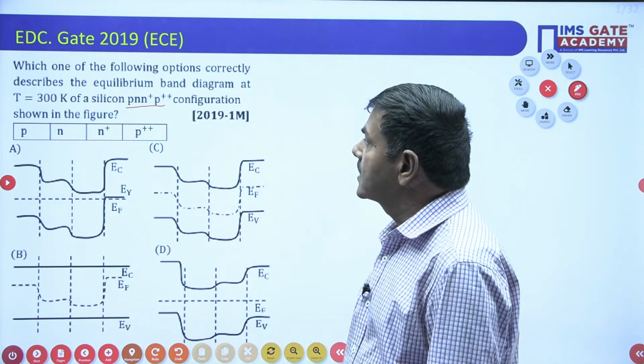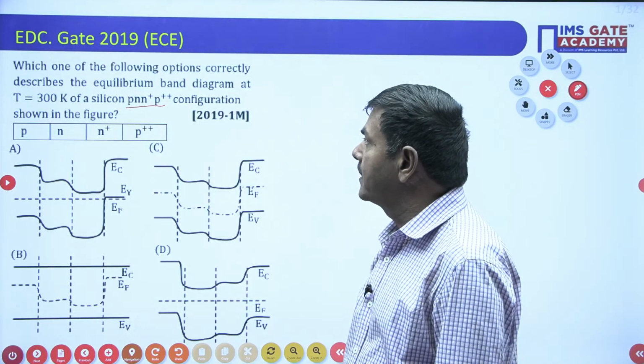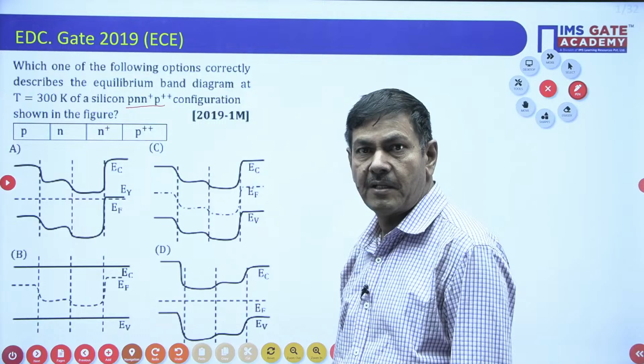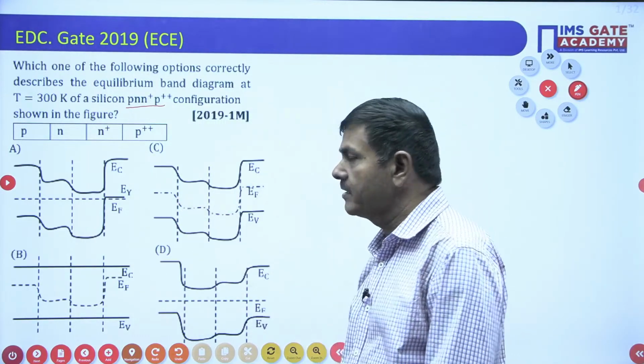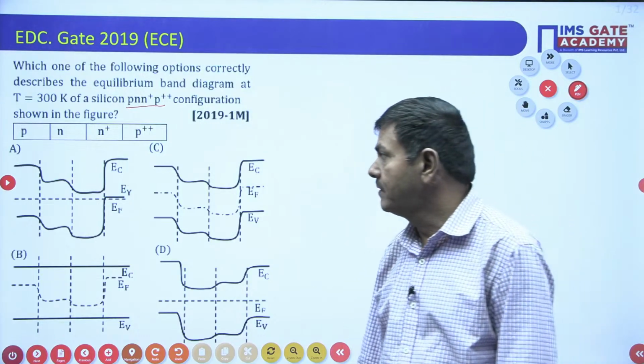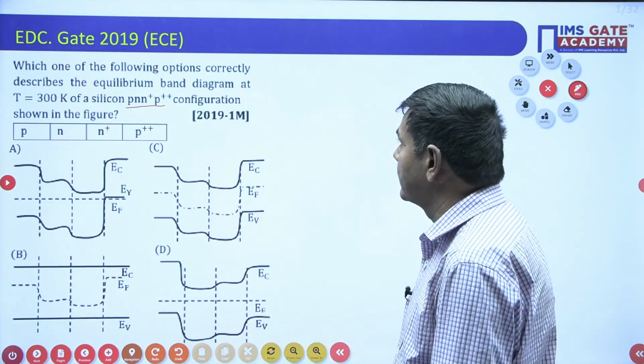Here you should understand well how to plot the p-type and n-type energy band diagrams. Based upon that, you can draw, and you can clearly say which one is the right option.